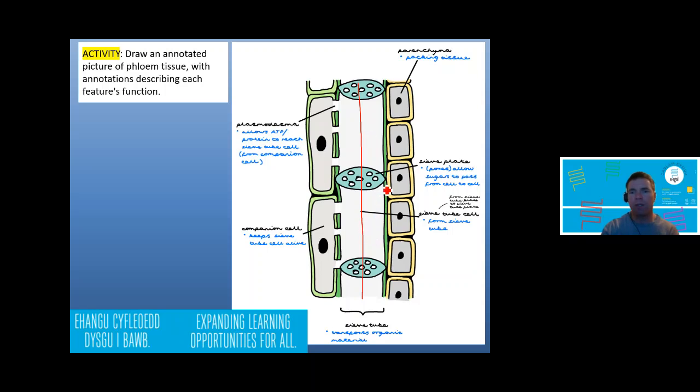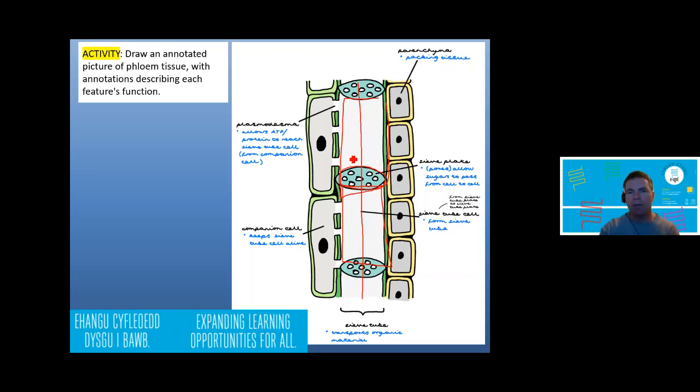You have this section here, which is referred to as a sieve tube cell or a sieve tube element. You have a number of these sieve tube elements stacked on top of each other. At the end of each sieve tube element, we have a sieve plate, which contains pores to allow the movement of these sugars or amino acids, but we'll talk about sugars more than anything else, to pass through from cell to cell.